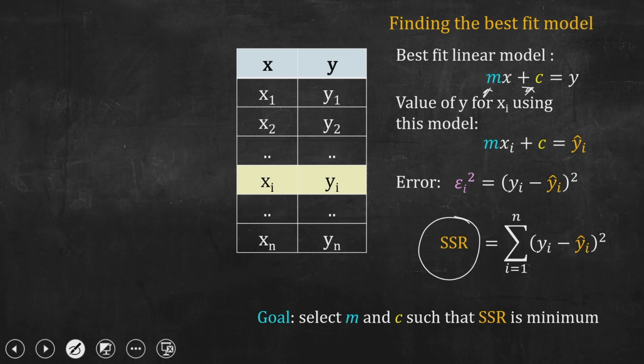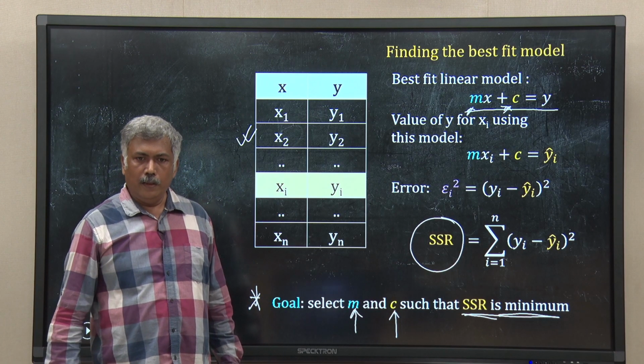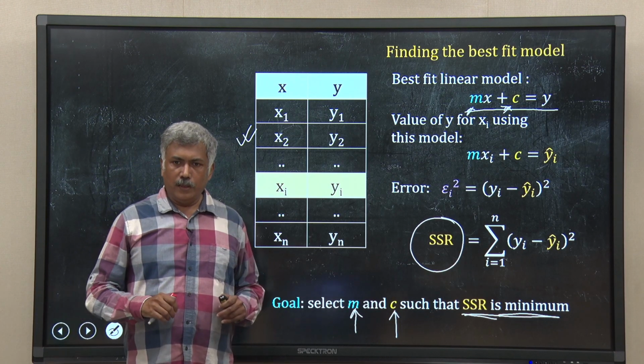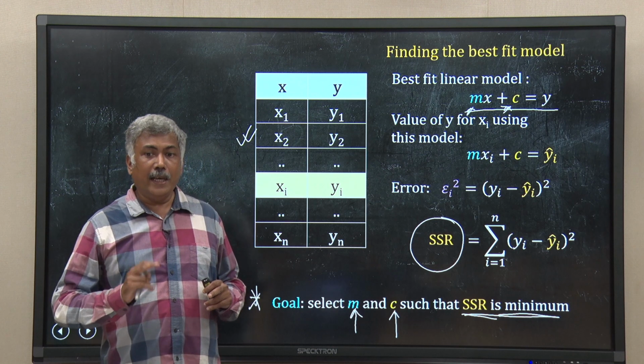So, that is what I have written here. The goal for me is to find a value of m and c such that for this particular given data set, the SSR will be minimum if I use this equation mx plus c equal to y. So, that is the goal.